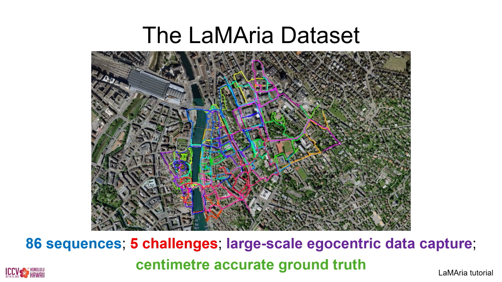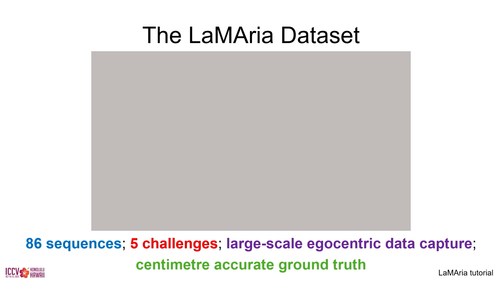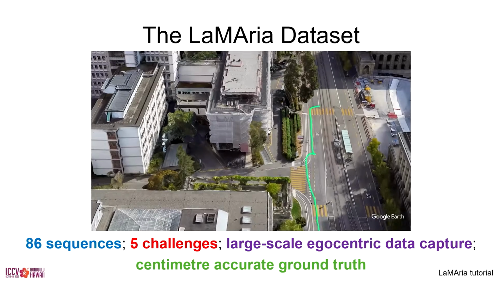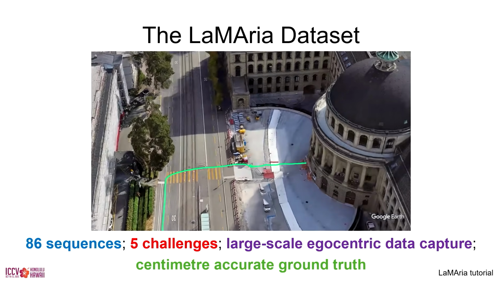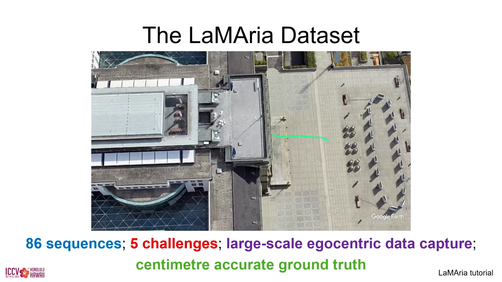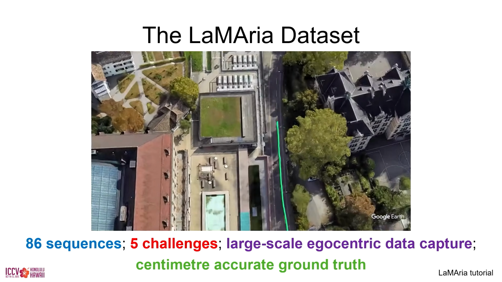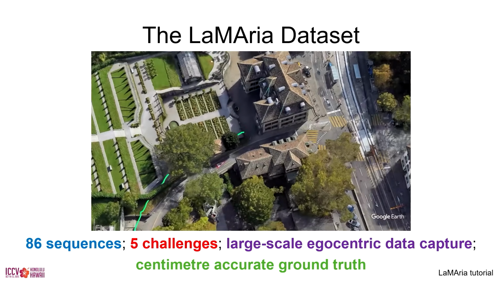And so you see, in the initial, previous dataset, the LaMAria dataset, we collected both in the main building, in the computer science building, and then in this area on the other side of the river, as separate islands.